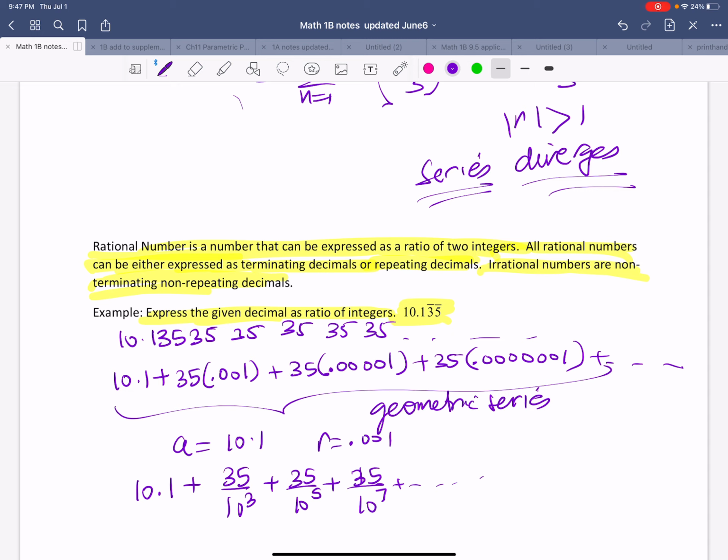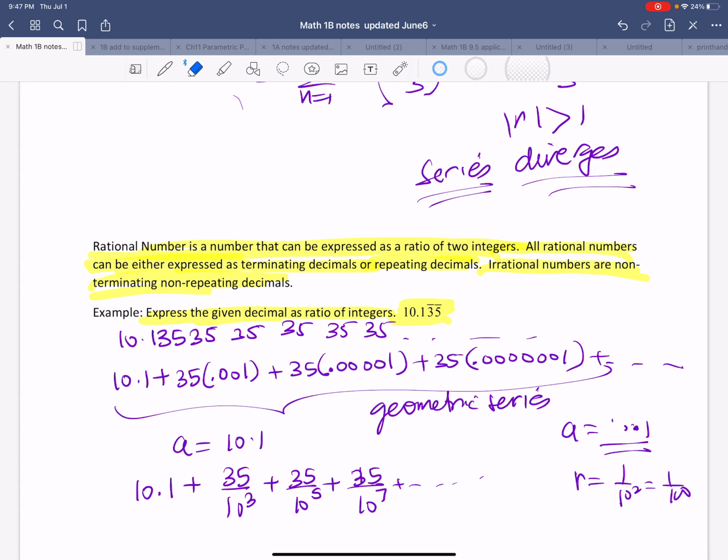We are multiplying with 1 over 100 each time we go. The common ratio is not 0.001 here. That wasn't the common ratio. The common ratio is going to be 1 over 10 squared. The R is 1 over 10 squared, which is 1 over 100, which is 0.01.